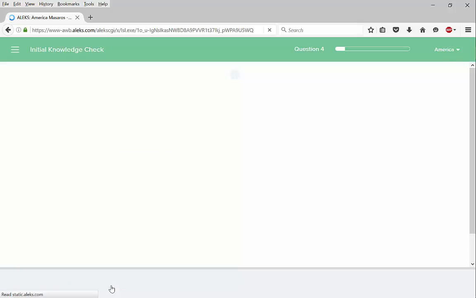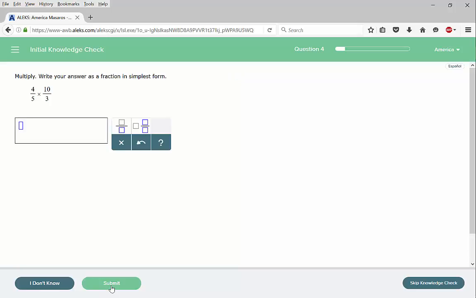And now it's picking a next question for me. Okay, so now I'm multiplying fractions. I know how to do that. 4/5, I'm working on my scratch paper now, times 10/3. I work through the problem on my scratch paper, and I get 8/3.